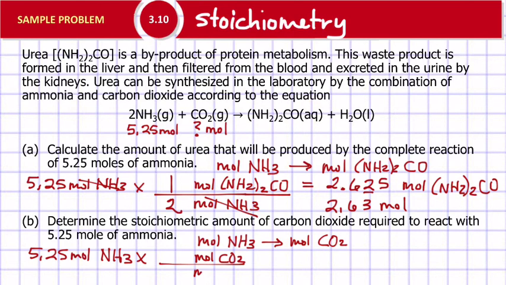And then I want to put moles of ammonia in the denominator so that those units cancel out. What number should I put in front of moles of CO2? 1. Because up here in the formula, it's talking about 1 mole of CO2. What number goes in front of the moles of ammonia? 2, because it's 2 moles. 2 moles of ammonia react with 1 mole of CO2.